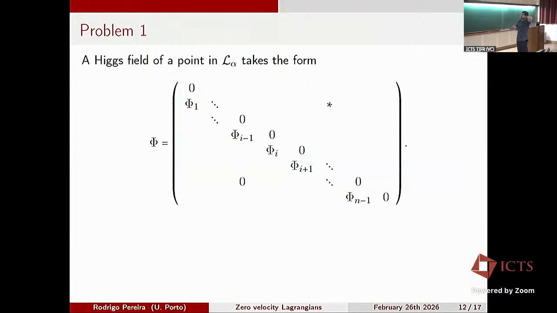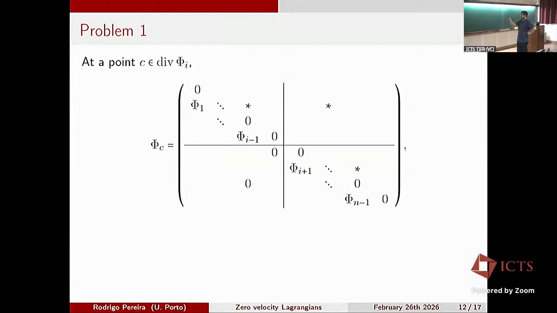You take a Higgs field in our Lagrangian, which looks like this. These zeros account for the removal of the first of the weight one direction. But if you are at a zero of one of your phi i's, you have this invariant subspace, right? And you notice that everything here has trace zero, the full matrix and also your invariant matrix.